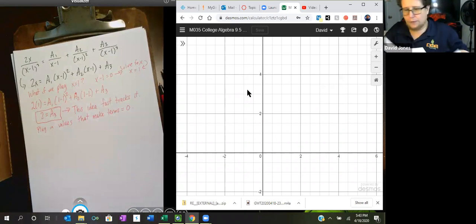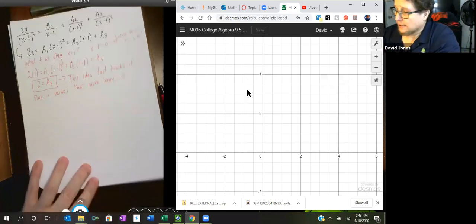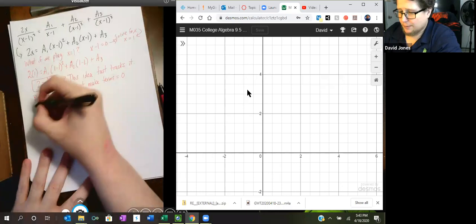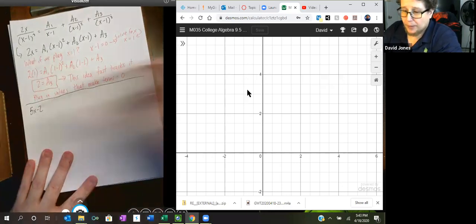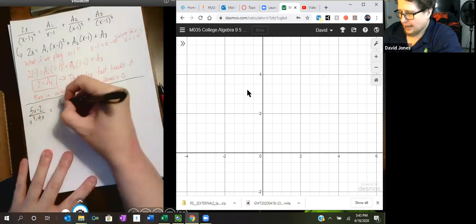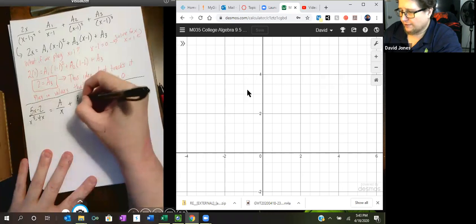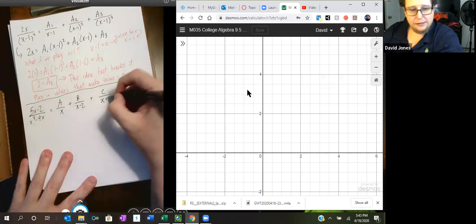I'm going to pull up the one we just did a little bit ago. We had (5x minus 2) over (x cubed minus 4x) equaled A over x plus B over x minus 2 plus C over x plus 2.